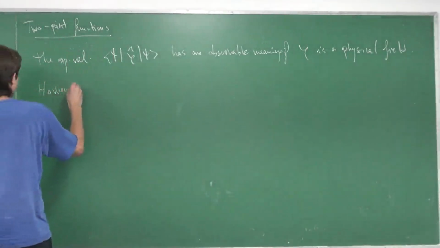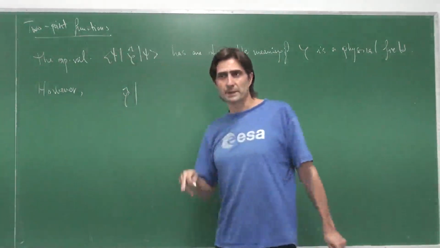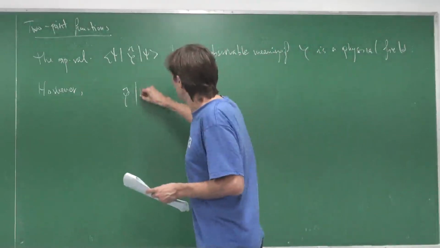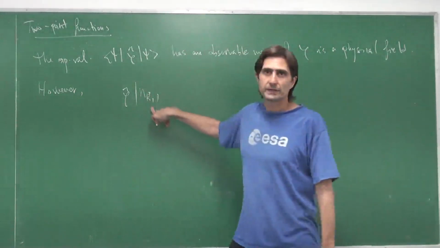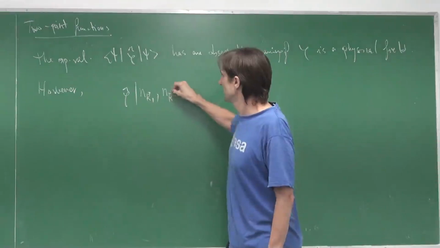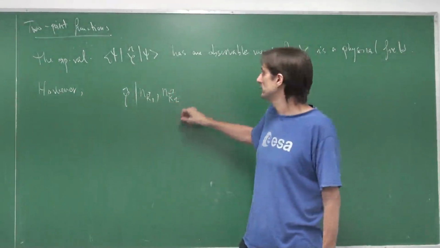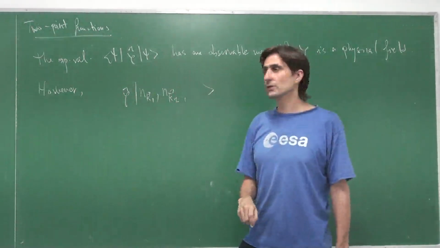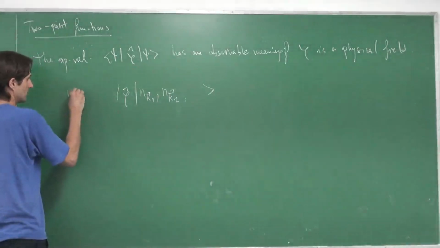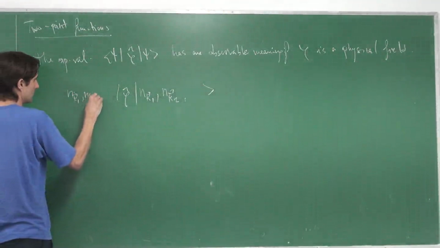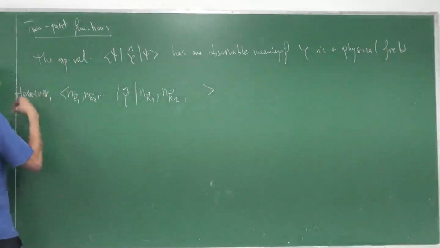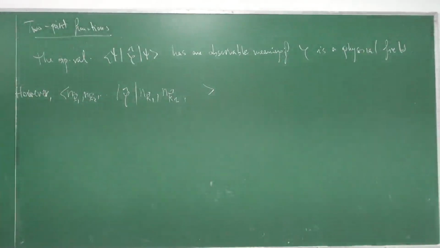Now, if you evaluate the expectation value of the field in an excited state, so I'll call it n_k1, it contains this number of particles with momentum k1, n_k2, it also contains this number of particles with momentum k2, and so on. You evaluate the expectation value in this state, what is this equal to?